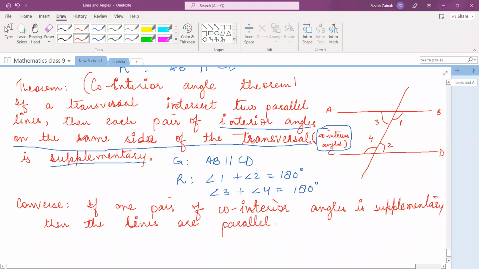Right? So what is given this time? It is given that any one pair is supplementary. So let's say angle 1 plus angle 2 is 180 degrees. This is given, right? And the result will be that AB is parallel to CD. This is the converse.